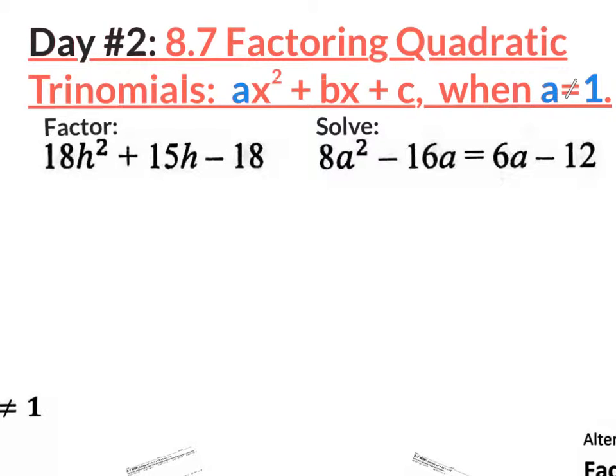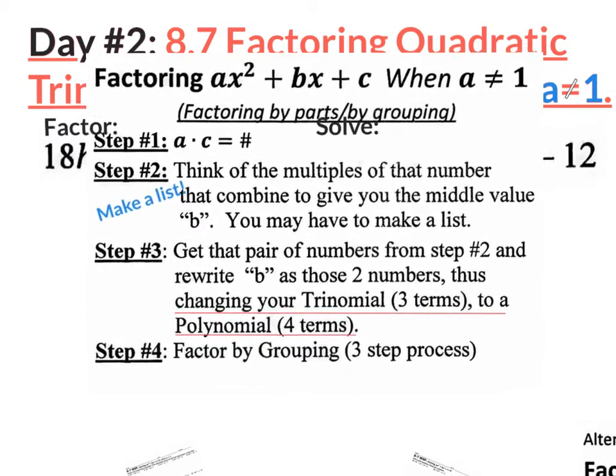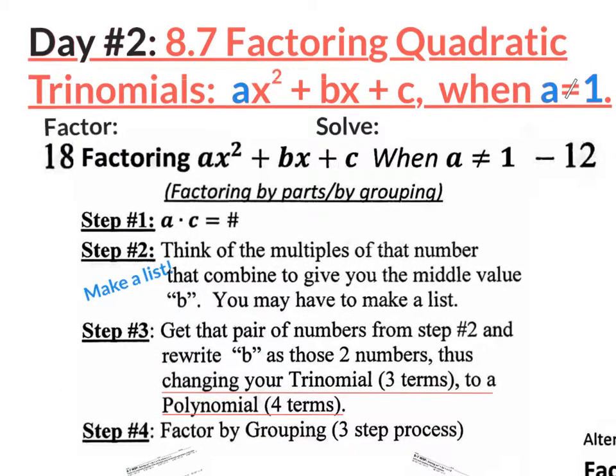All right, so we learned yesterday that if you don't have an a value of 1, right here it says when a is not equal to 1, we have to use this really long process of factoring. Step 1, multiply a times c. Step 2, make a list. Step 3, you convert your trinomial into a polynomial so you could factor by grouping, which is step 4.